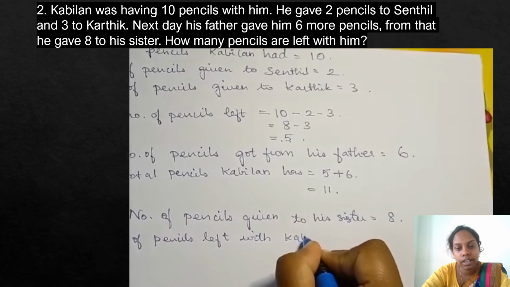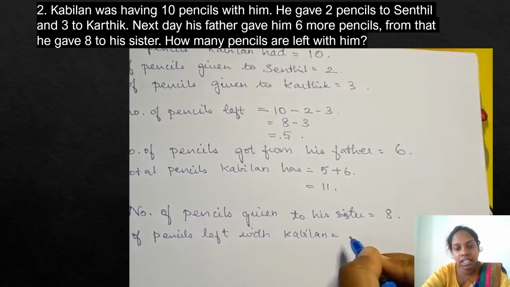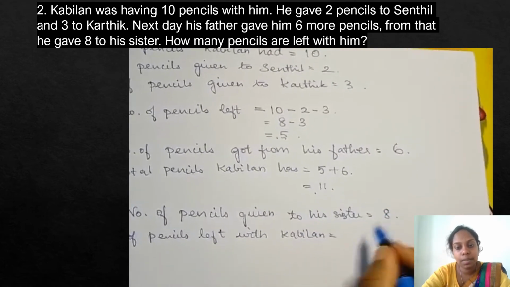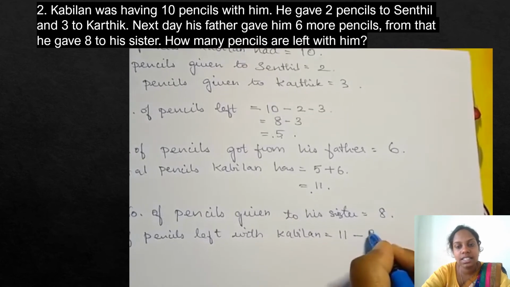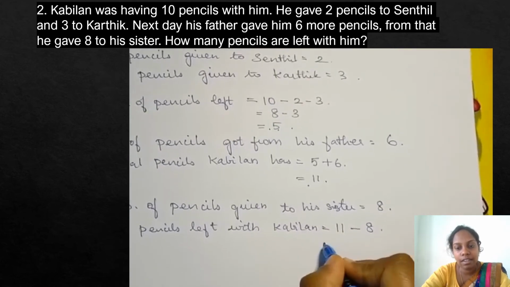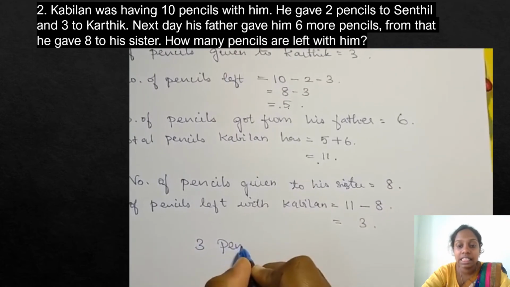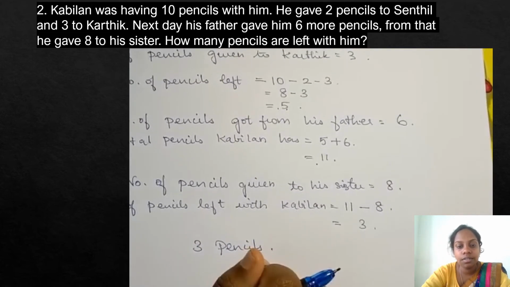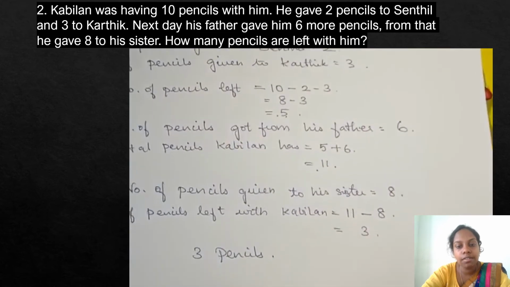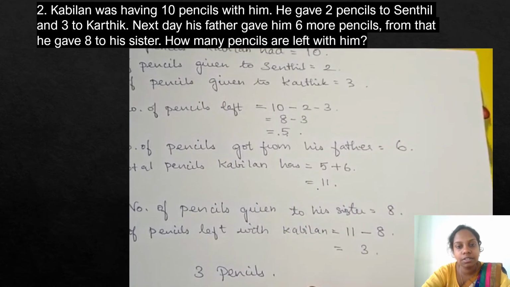It is by subtracting 8 pencils from that total number of pencils, that is 11 pencils. So 11 minus 8 will give you 3. Now totally Kabilin will have only 3 pencils left with him.